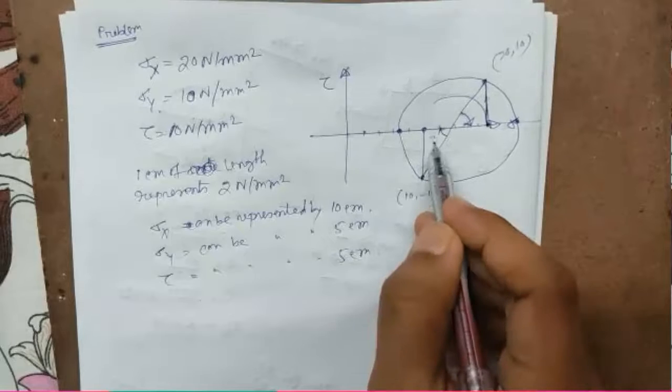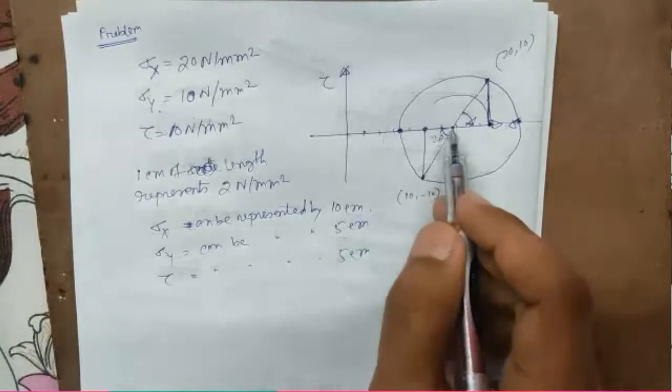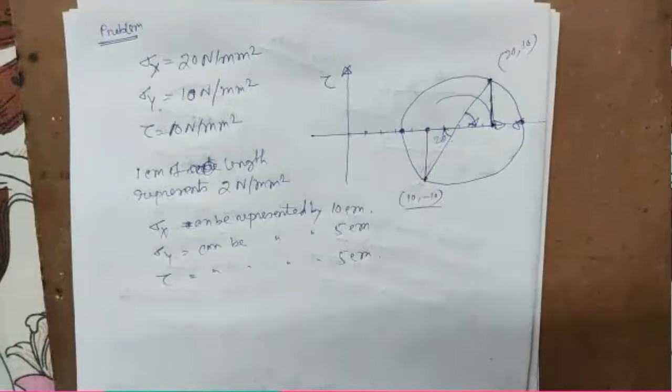So if it is 2 theta, you have to tell that the principal plane is at an angle of theta from this point. Okay, is this clear?